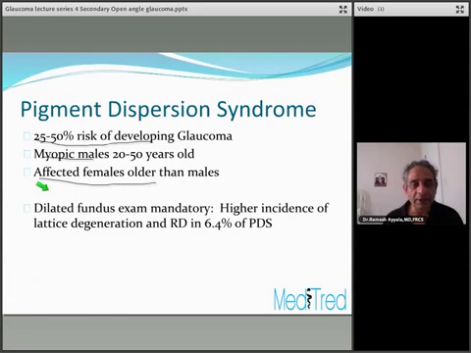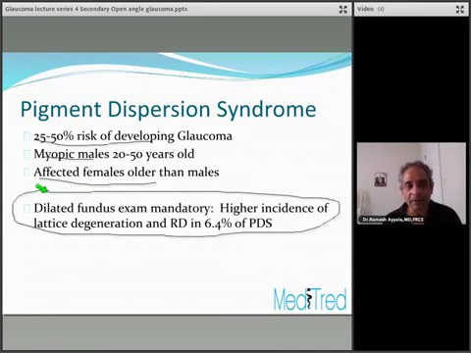And these patients will need a dilated fundus examination at presentation and every year thereafter, because they are associated with a higher incidence of lattice degeneration, and retinal detachment is much more likely to happen in PDS patients compared to normal population. The incidence is reported as 6.4%.